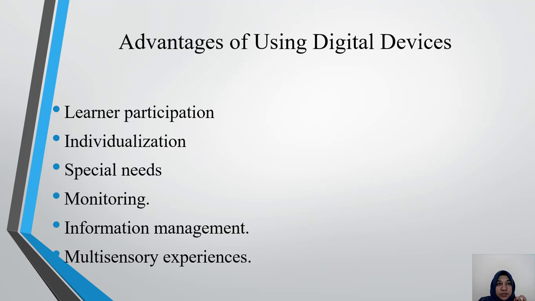And then information management. Information management is like electronic research. Electronic research can cover a growing knowledge base associated with the information explosion. So they can manage all types of information: text, graphic, audio, and video.